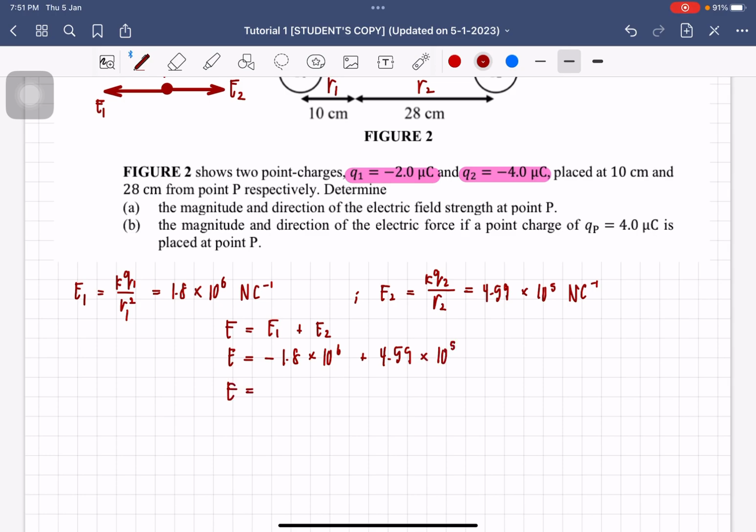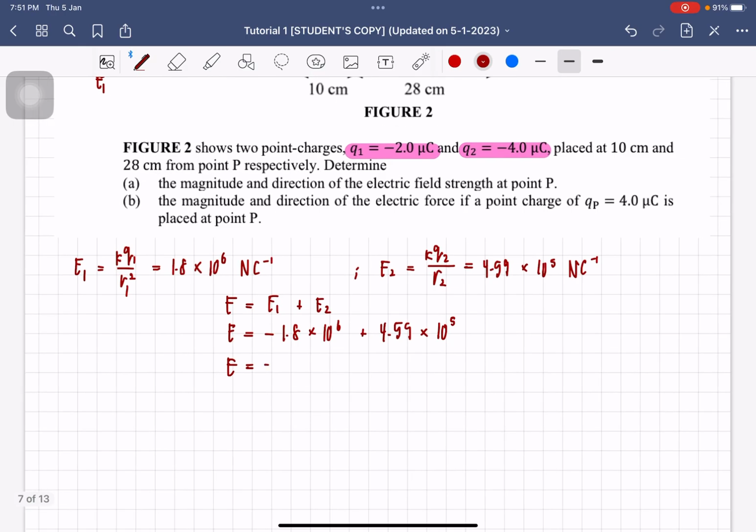So this will give you negative, it should be negative 1.34, but I'm not sure. Let me just check. Yes, it's going to be negative 1.34 times 10 to the power of 6 Newton per Coulomb.